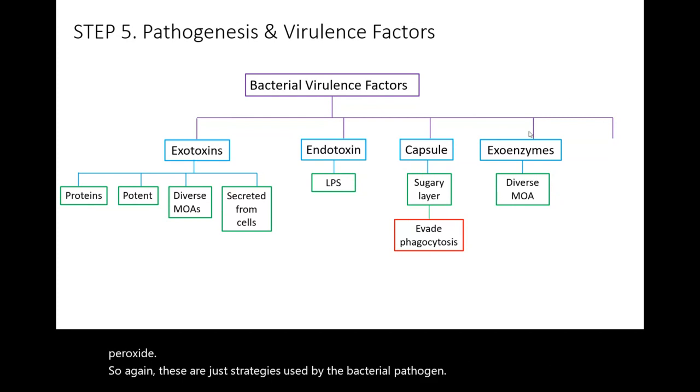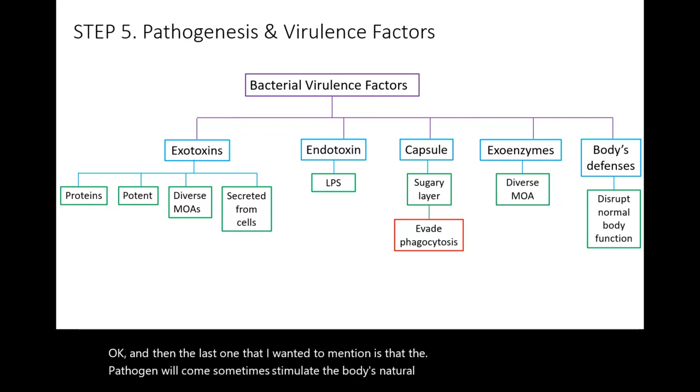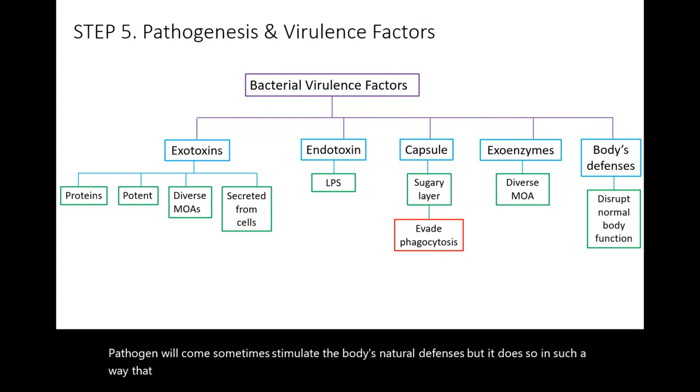And then the last one that I wanted to mention is that the pathogen will sometimes stimulate the body's natural defenses, but it does so in such a way that it causes damage, which is going to disrupt how the body typically functions.